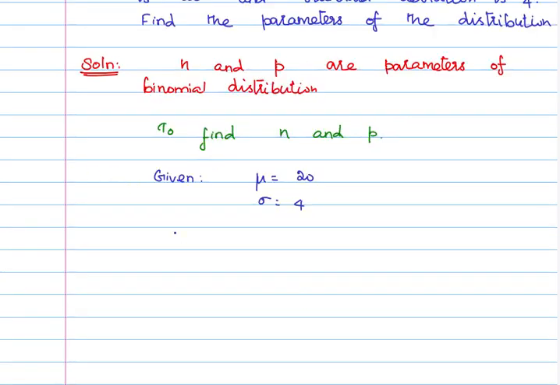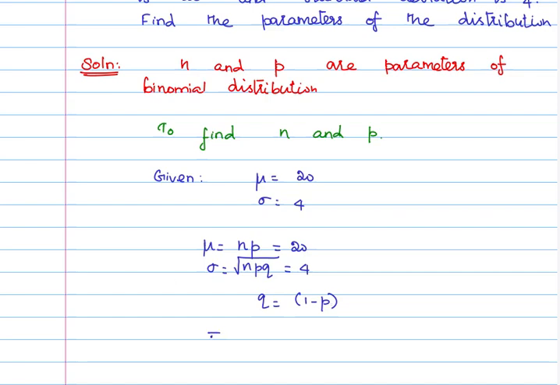What is the mean formula in binomial distribution? Mu equal to np, so that is 20. And sigma is the square root of npq equal to 4. Here q equals 1 minus p.